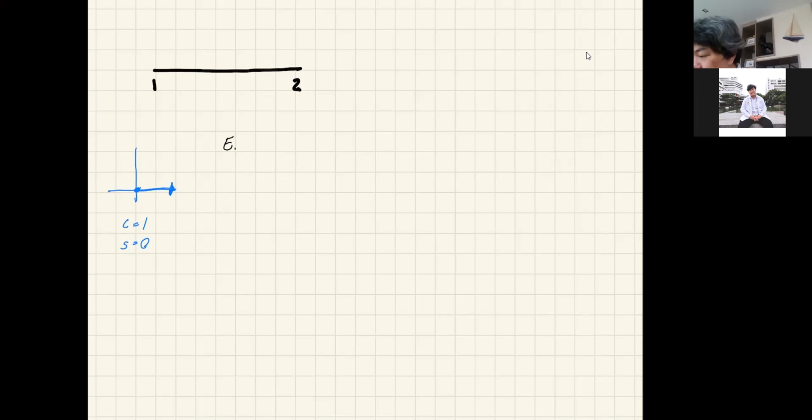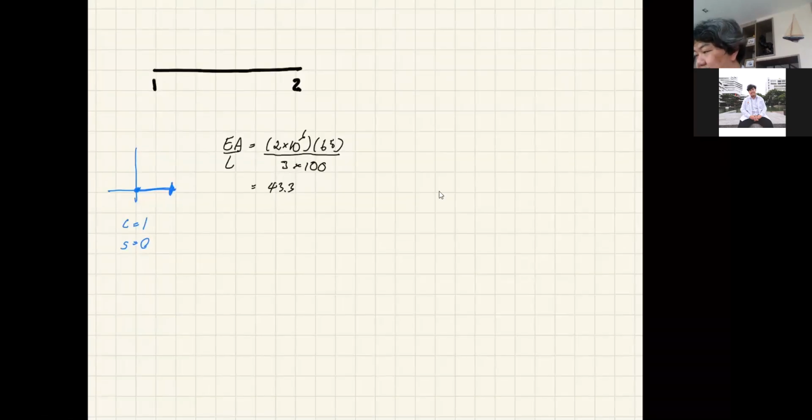Okay, so this term is 43.3. So we are back in business. This is 43.3 multiplied by 10 to the power of 4. Okay. And for member number 4 and 5, it turned out to be the same.